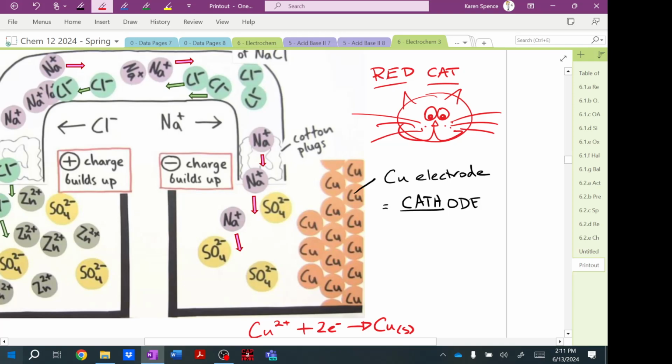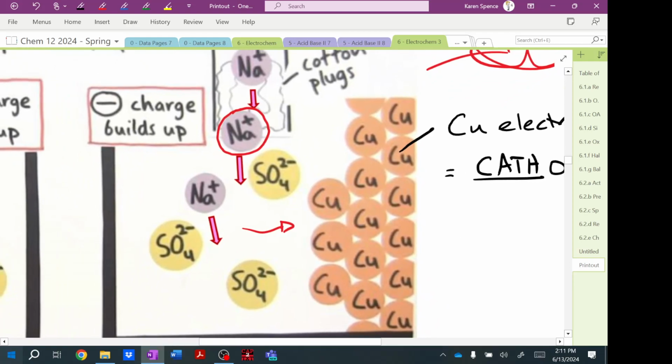What kind of ions are these sodiums that are moving towards the cathode? Those sodium ions are what kind of ions? That is a cation. And where is it moving? Towards the cathode.